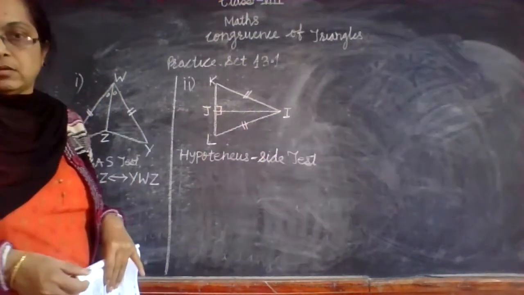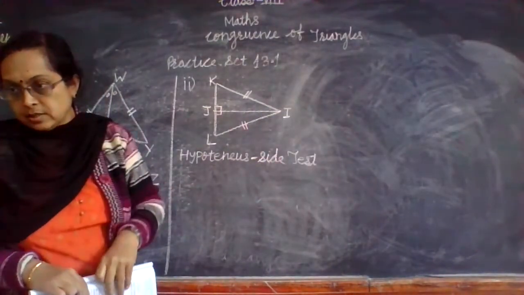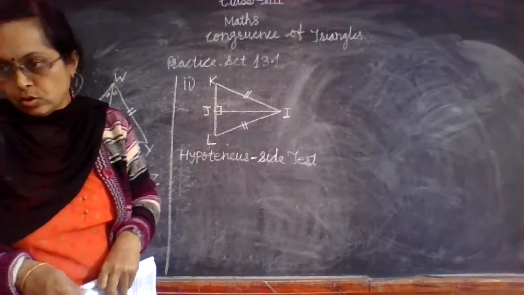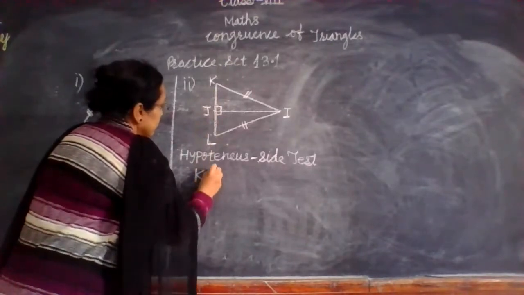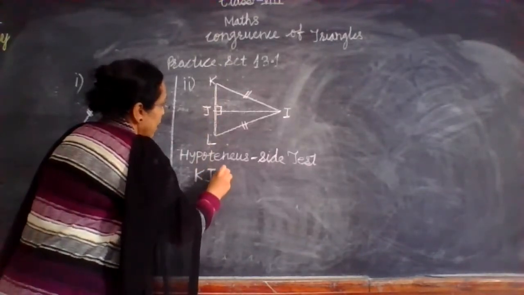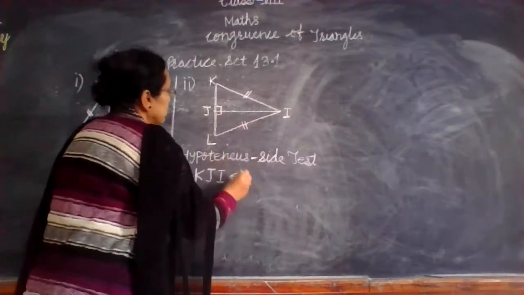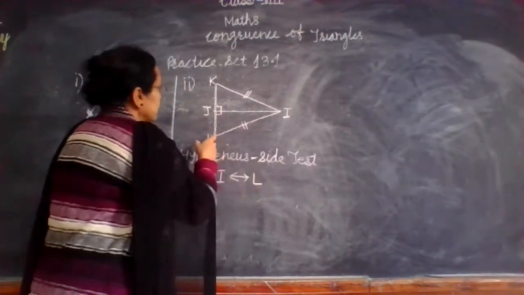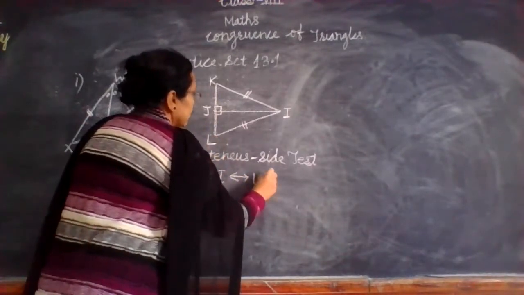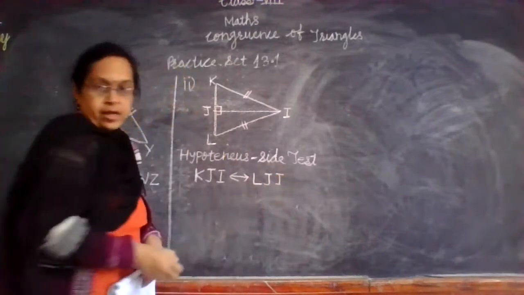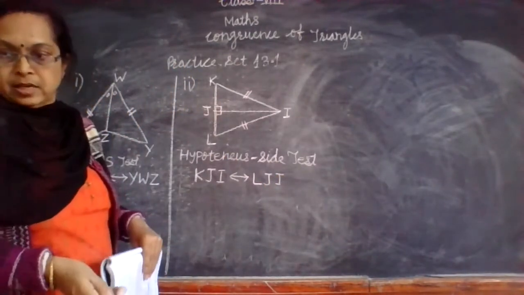What is the correspondence in the vertices? So if I will start from this K, J, I, it is corresponding to the points L, then J and I. L, J, I. So this is second one.